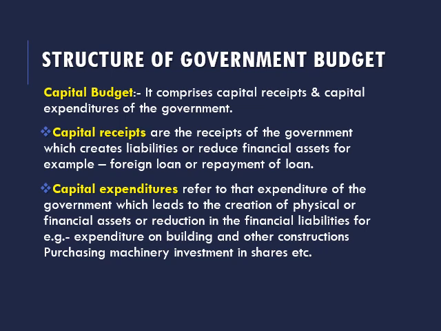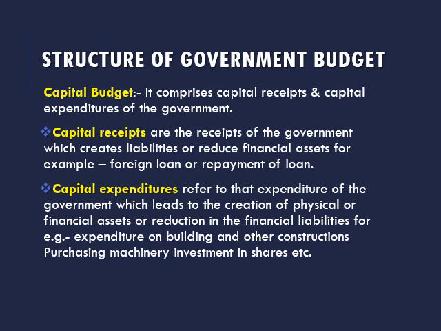You are borrowing money. That means you are increasing your liability. And when you create liability, it's considered to be capital receipts for us. And sometimes we are selling our assets also. So when you sell some assets and you are getting something in return, that return is considered to be capital receipts in the budget.